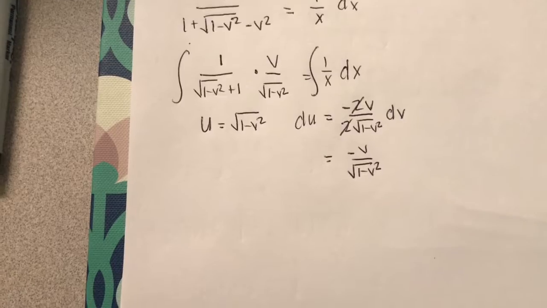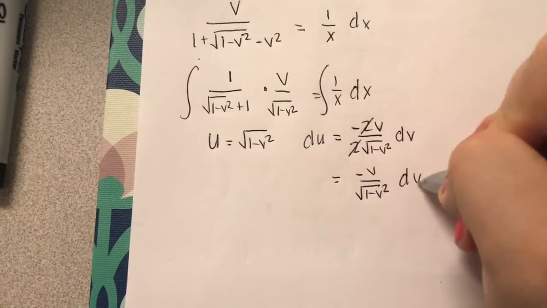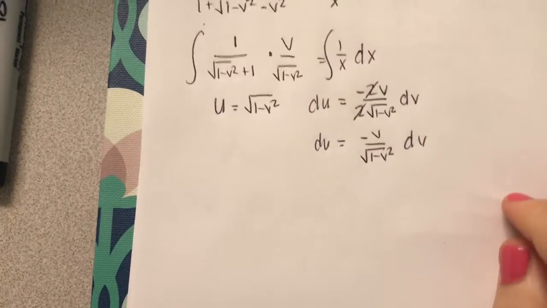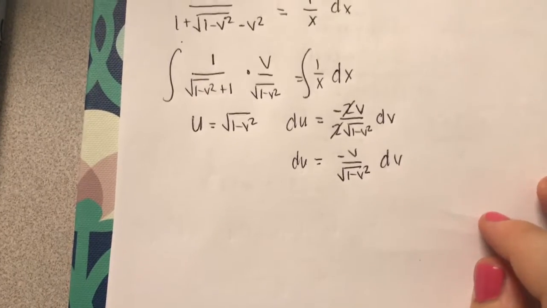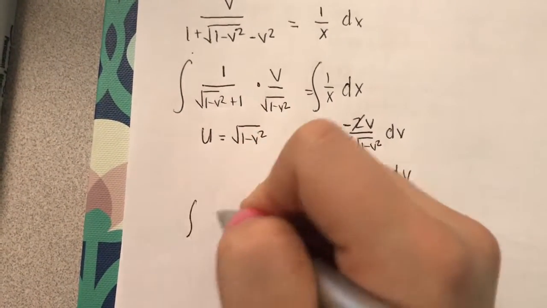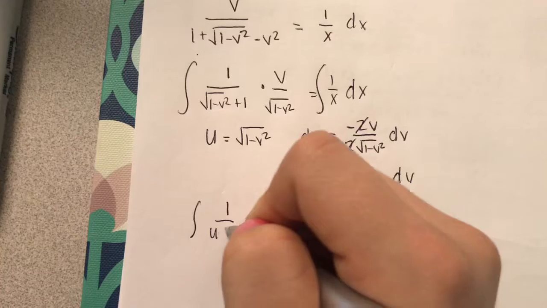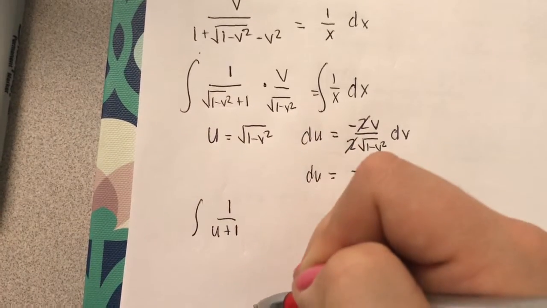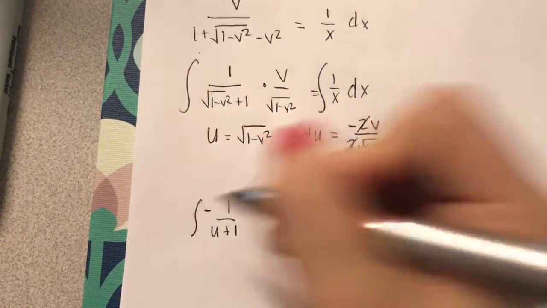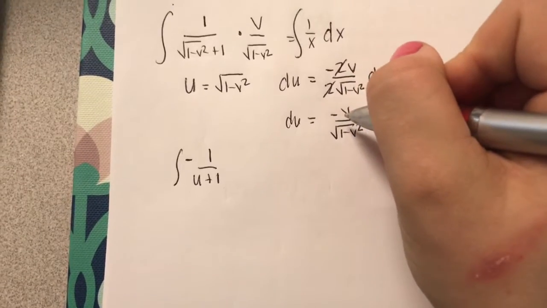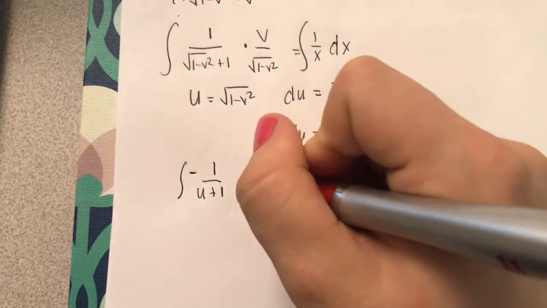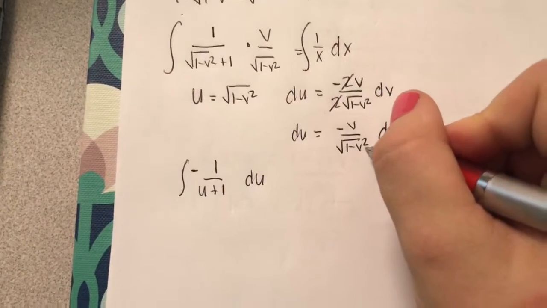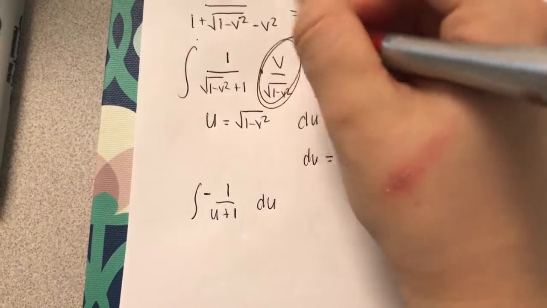From here, I would have dv and du. Now I'm going to plug back in to my integral so that I can integrate. So I have the integral of 1 over u plus 1. I'm going to make that negative because of this negative in my du. And then I have du here because this du substitutes back in to this.